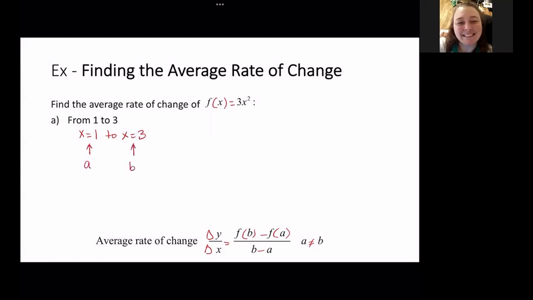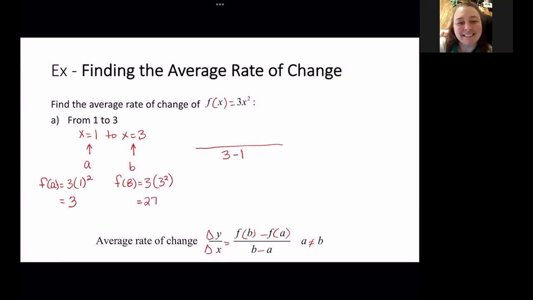From our equation down here at the bottom, we have b minus a on the bottom. f of b is going to be equal to 3 times 3 squared, which is 27. f of a is going to be equal to 3 times 1 squared, which is 3.